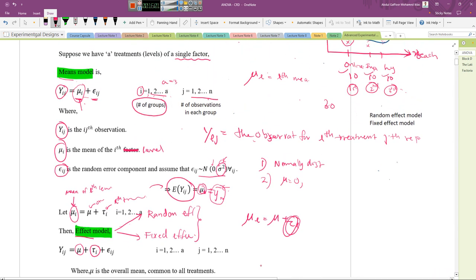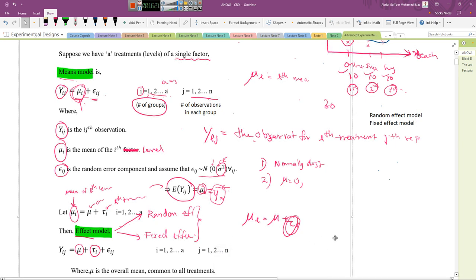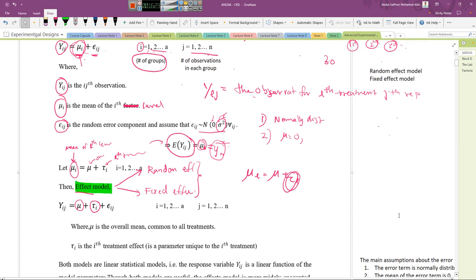Here you can see yij is equal to mu I plus epsilon ij. In the mean model we consider only the mean of every treatment, but here we will include the effect also. When we include the treatment effect, we have to partition the mu I as mu plus tau I, right? This is basically what you have to know.